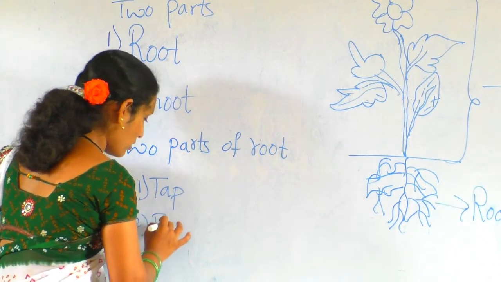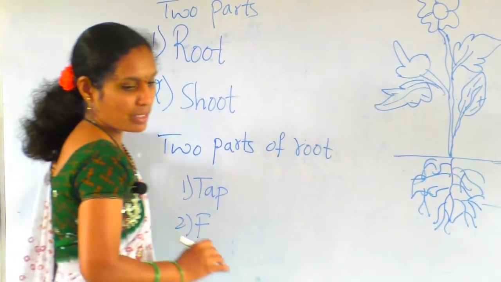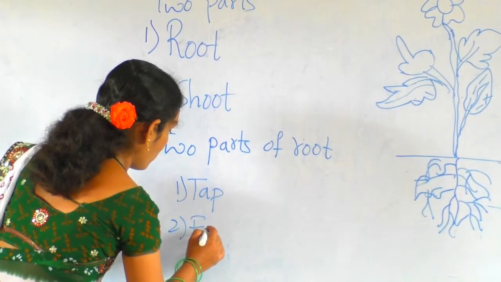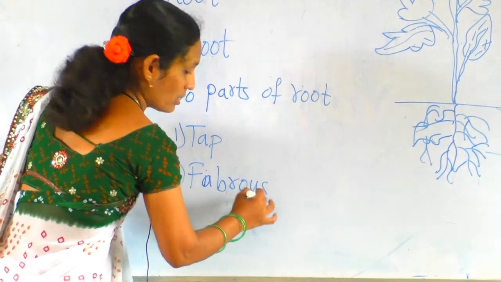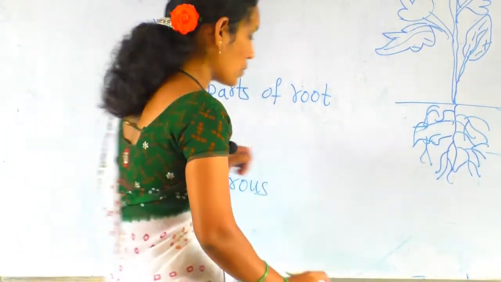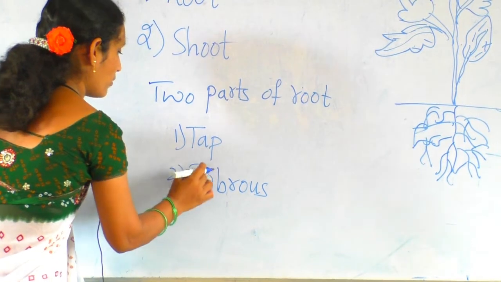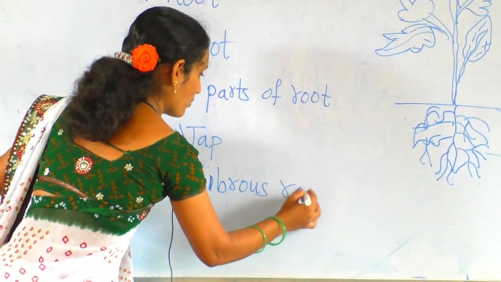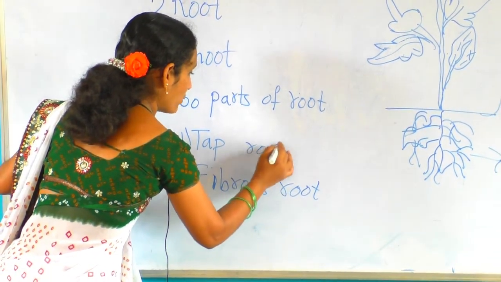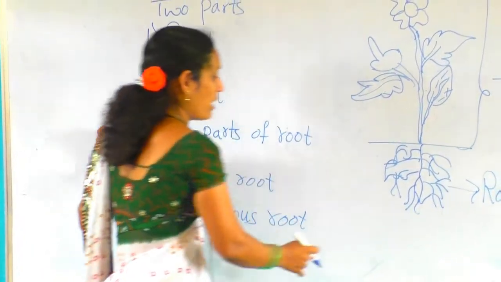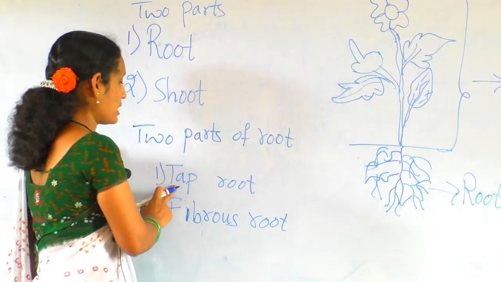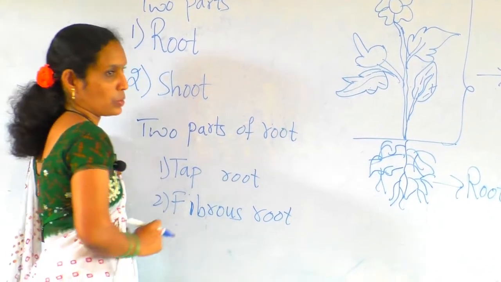Second is fibrous root. Tap root and fibrous root. Two parts of root. In that root only we have two types: tap root and fibrous root.